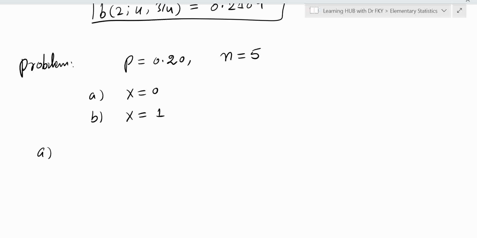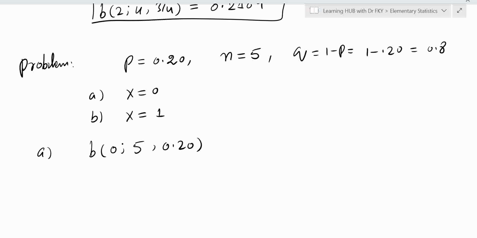So part A. For part A, x is 0, n is 5, and p is 0.20. This means that q is equal to 1 minus p, which is equal to 1 minus 0.20, which is equal to 0.80.